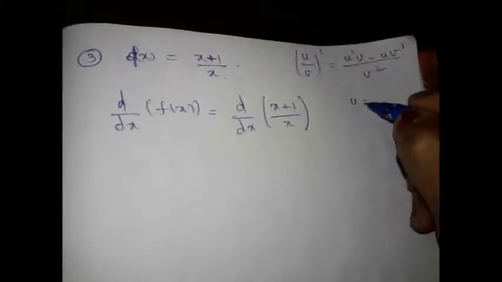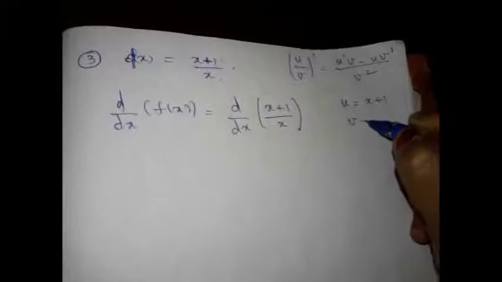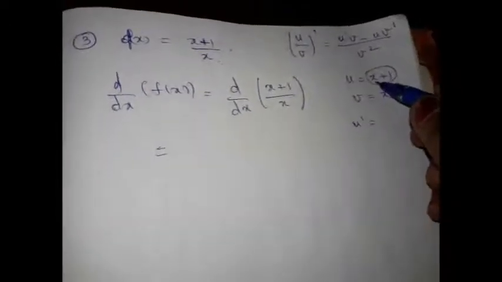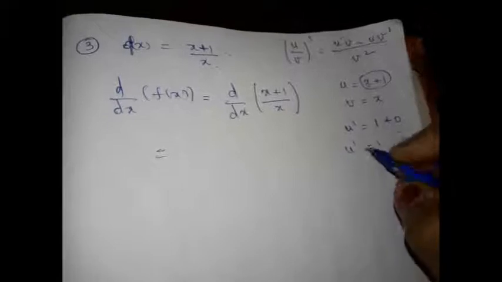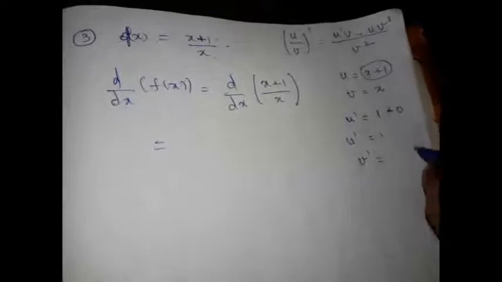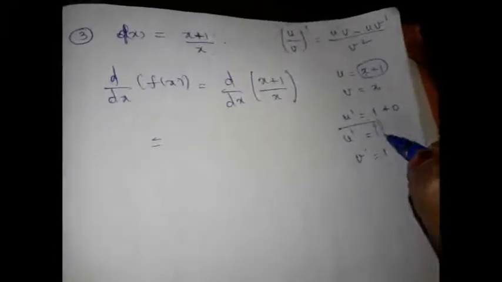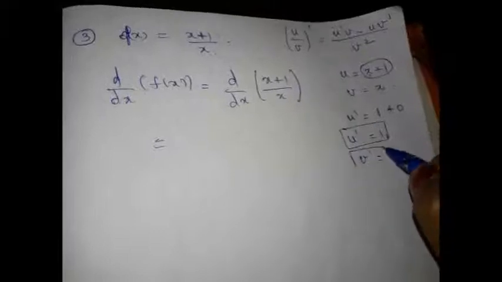Here u is x plus 1 and v is x. So first we have to find u dash. U dash means we have to differentiate x plus 1 with respect to x. If we differentiate x we will get 1 and if we differentiate 1 we will get 0. So u dash is going to be 1 and v dash, if we differentiate x with respect to x, is going to be 1. Therefore, u dash is 1, v dash is 1. Now we are going to apply this formula.